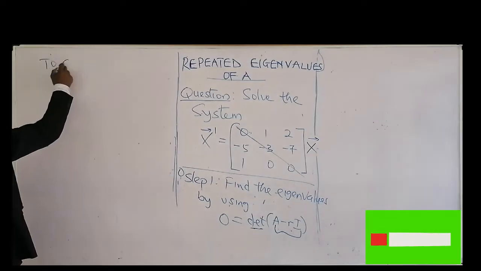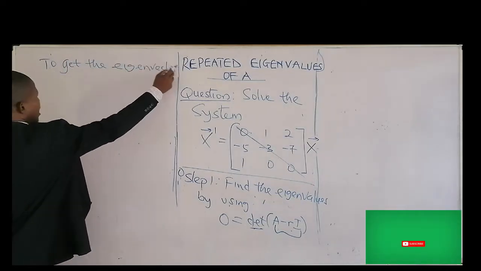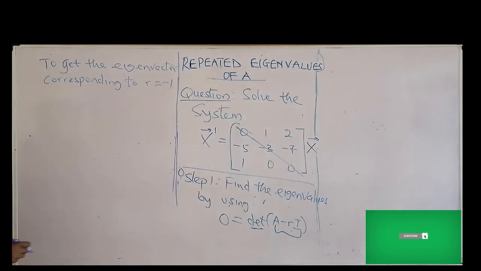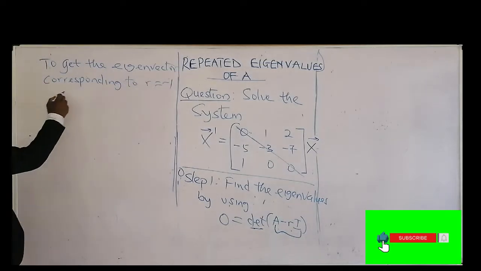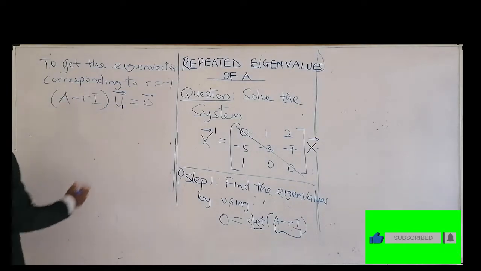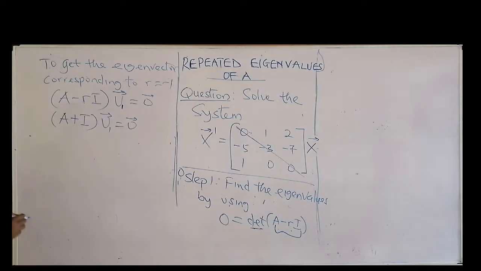Next step, to get the eigenvector corresponding to r equal to minus 1. By doing that, we're going to solve this system. So I'm going to call this one the first eigenvector. Don't forget r is what? If you substitute for this, then you have this. And what is the meaning of this expression?